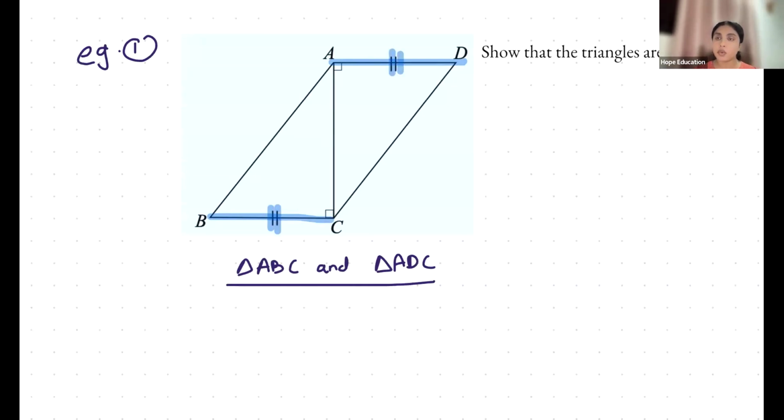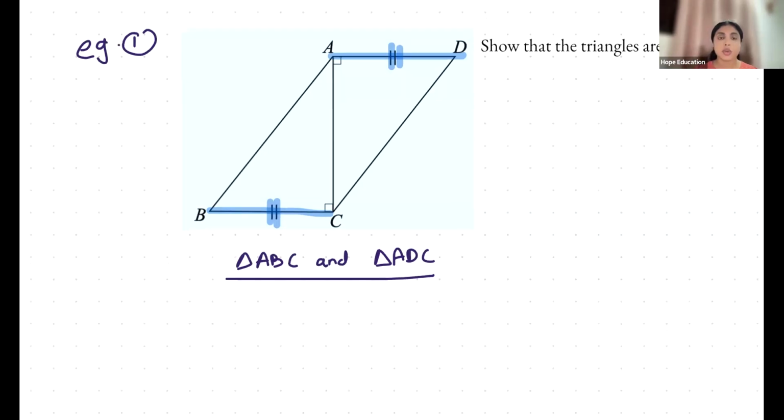Is that clear to all of you? Yes. So I will ask one by one. So in the ABC triangle, side BC is equal to the side AD in the ADC triangle. What is the reason? They have given it. So the reason is given.